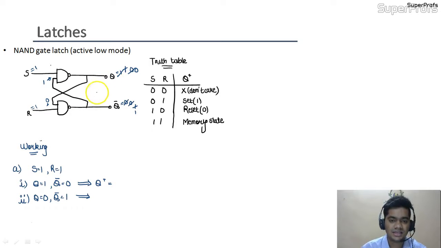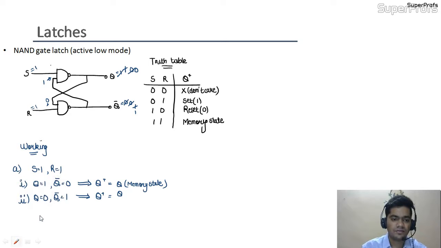So in this case also, there would be no change in the present output from the past output. So we can say that Q plus would be in memory state, that is Q. There is no change in the next output from the past output. So if S equals 1 and R equals 1, it stands for memory state.